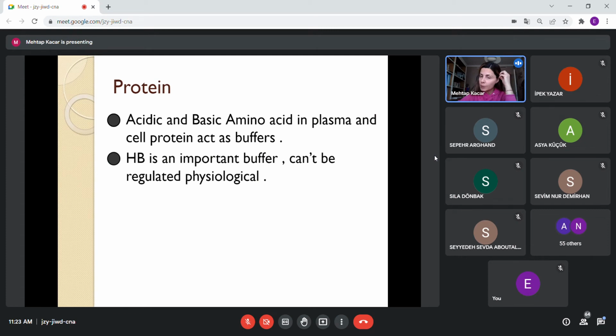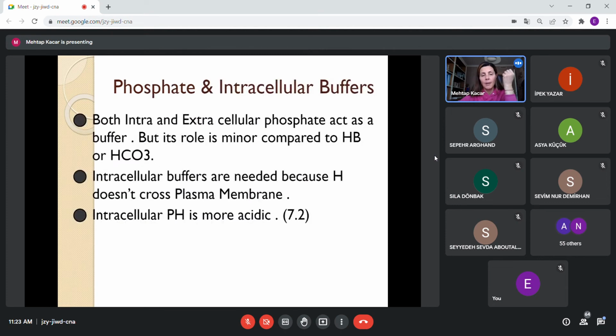Hemoglobin is an important buffer system, but it cannot be regulated physiologically. Acidic and basic amino acids in plasma and cell protein act as buffer systems, and they are so important. The extracellular phosphate system also works as a buffer system, but its role is minor compared to the hemoglobin buffer system and bicarbonate buffer system.